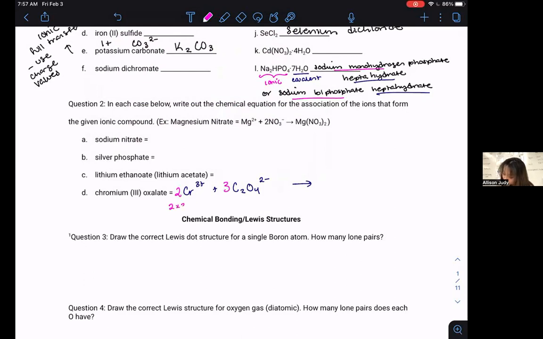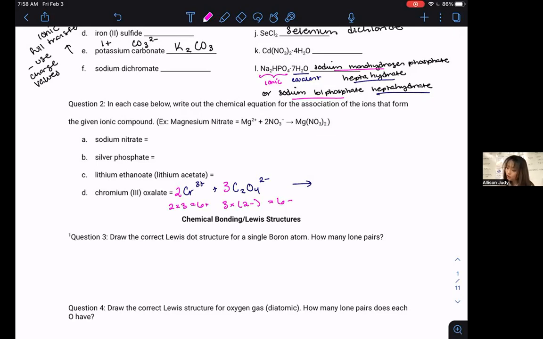Sorry, I miswrote that: 3 times 2 negative gives me a 6 minus charge, and 2 times 3 plus gives me a 6 plus charge, so I know they're going to cancel.